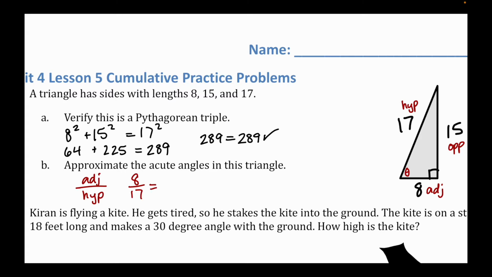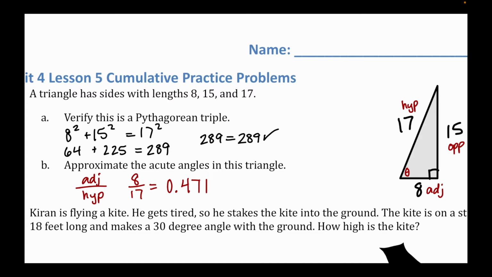So 8 divided by 17, and we're going to round this to 3 decimal places. My calculator shows 0.471, because it's 0.4705, but that 5 means we bump it up by 1.